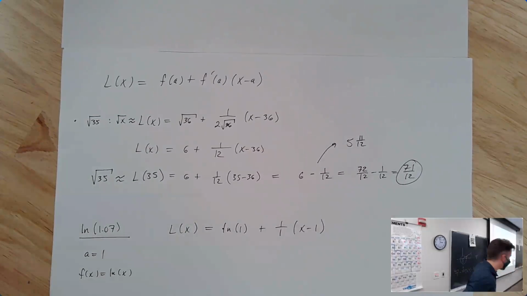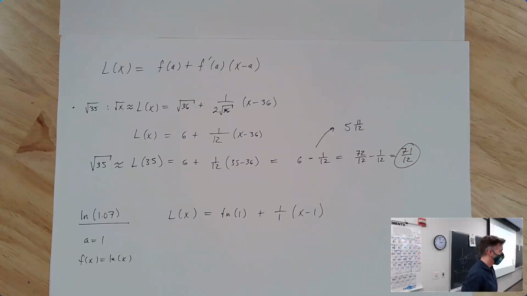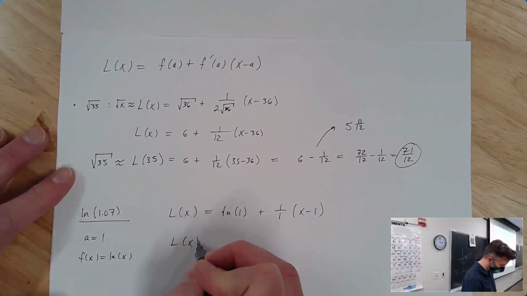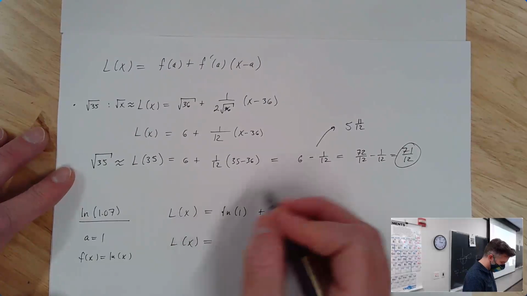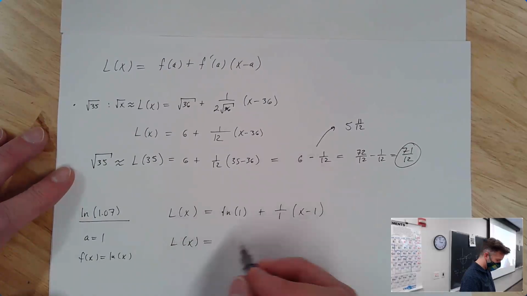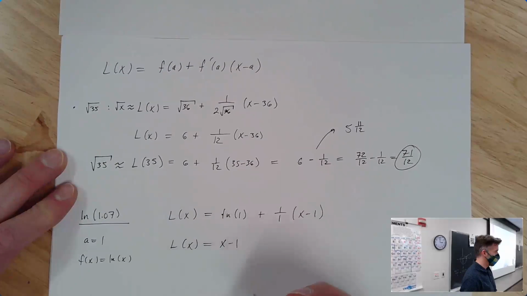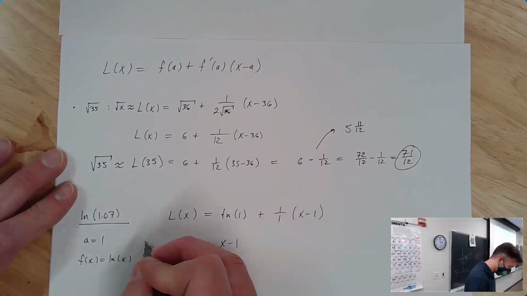The natural log of x linearized at x equal to 1 always feels kind of boring at the end, because if we simplify this, natural log of 1 is 0, and 1 times that is just x minus 1. So the natural log function near 1 is linearized by the graph y equals x minus 1.